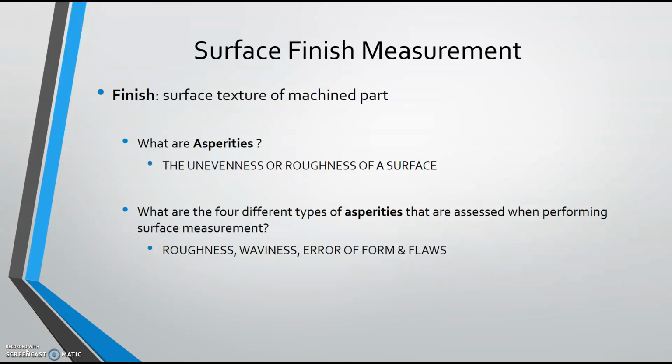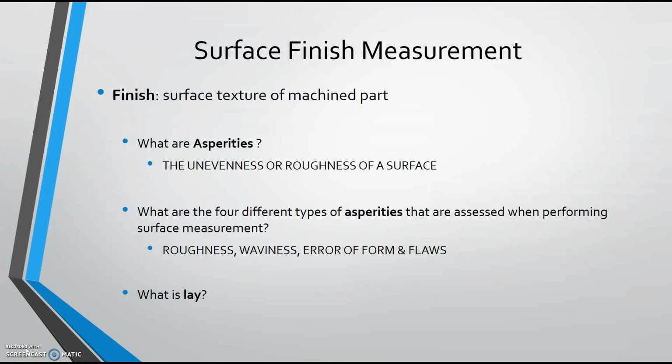Flaws are going to be pretty easy to detect because they're going to stand out from the roughness of a surface. Basically, every machining method is going to create a different type of roughness. For instance, let's say we're doing a lapping process. That roughness is going to look much different than if we were to laser cut that surface. So we'll talk more about that in just a moment.